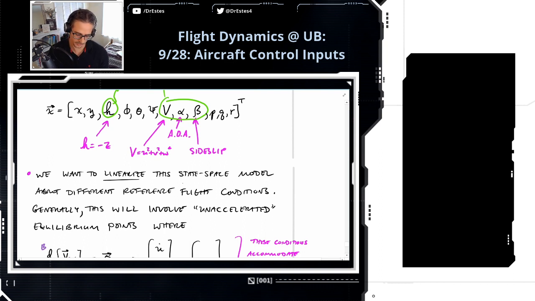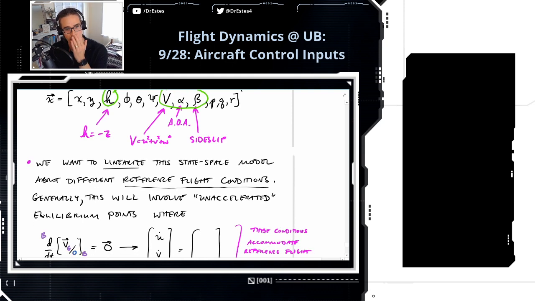And so we're going to linearize this state space model about different RFCs, reference flight conditions. And generally, these RFCs are going to involve unaccelerated equilibrium points. Often we talk of equilibrium as there's no velocity. Well, for an aircraft, that doesn't make sense.